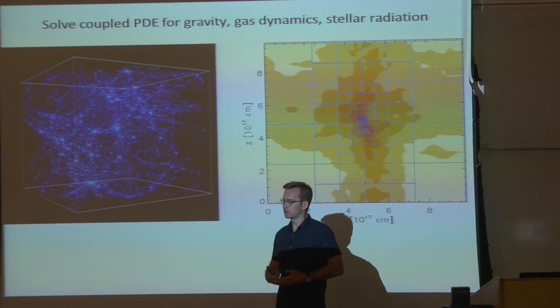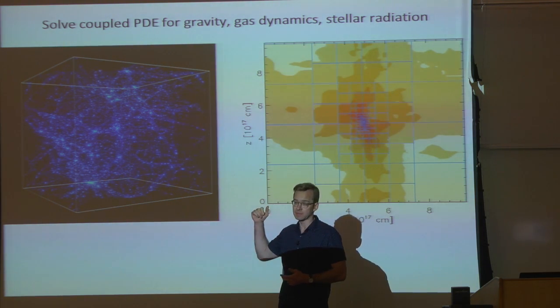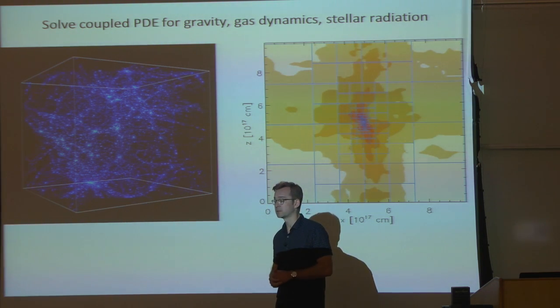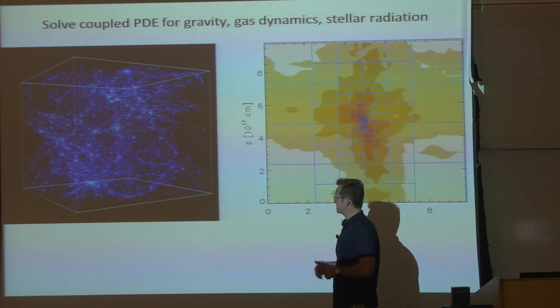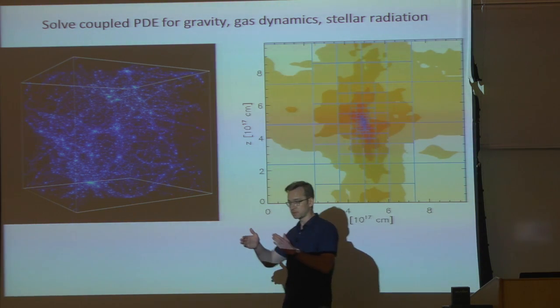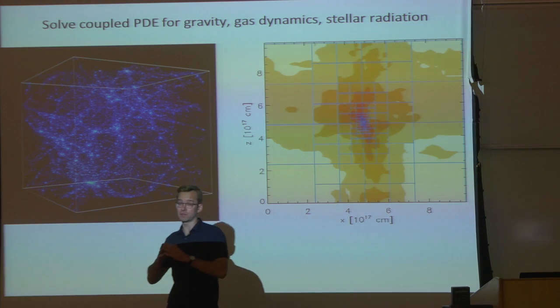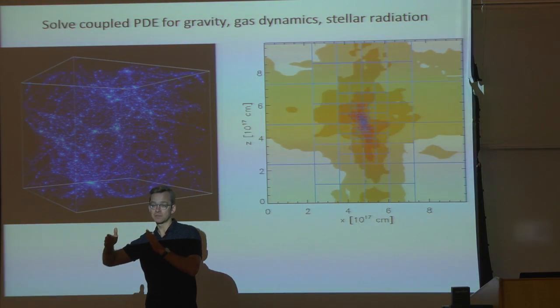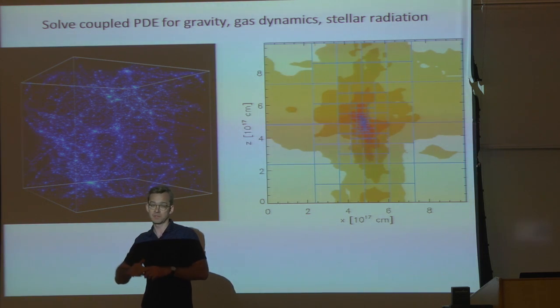Right now, the largest simulations we can do are with about 10 to the power of 10 resolution elements, cells or particles, which is a fairly large number if you think about even the memory requirements for that. But you can easily convince yourself that when you're doing a three-dimensional simulation, 10 to the 10 is not very large. It means in each dimension you have about several thousand, and then cubed, that gives you 10 to the 10.